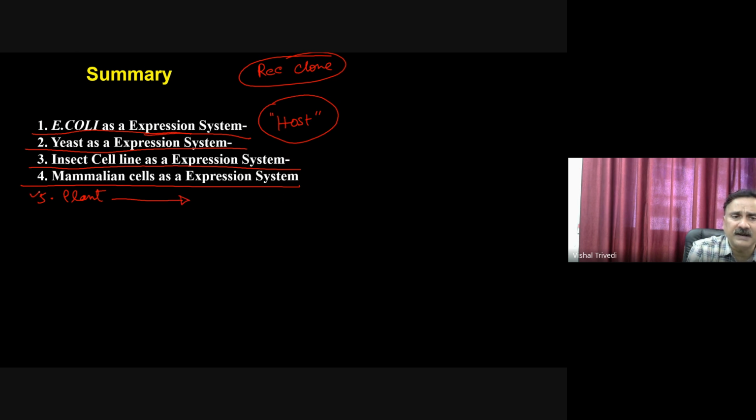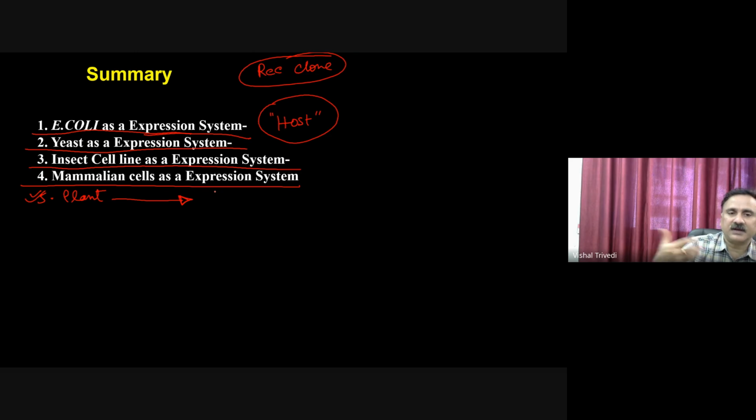But the majority of the time, plants are never used as an expression system. Plants are always used for expressing a particular protein so that it helps the plants change their phenotype, right?